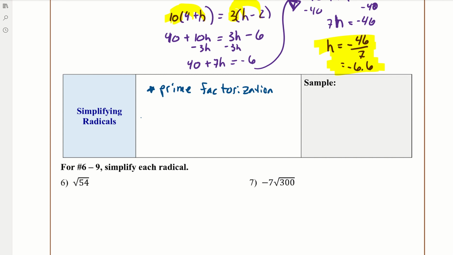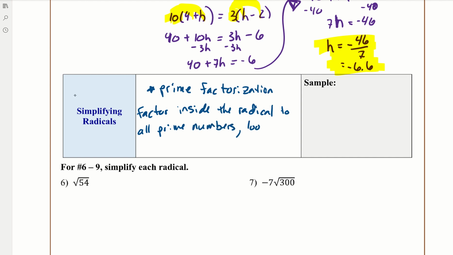So you are going to factor inside the radical into all prime numbers, and then you're going to look for pairs to remove from the radical.